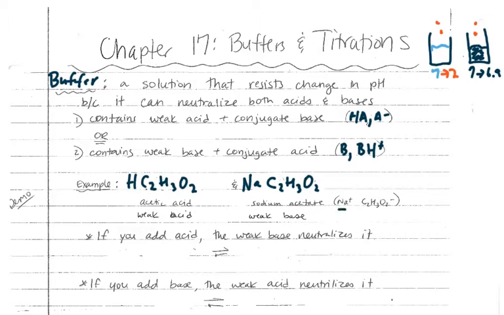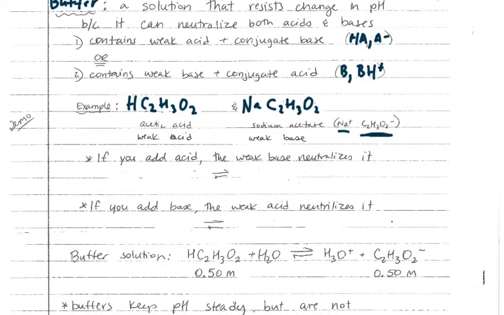And the salt, when it goes into solution, of course, is going to dissociate into that anion. So if we were to take this solution of acetic acid and sodium acetate, and we added a strong acid, hydrochloric acid, to this solution, it's going to react with the conjugate base, the C2H3O2 minus ion, and form HC2H3O2 and Cl minus.